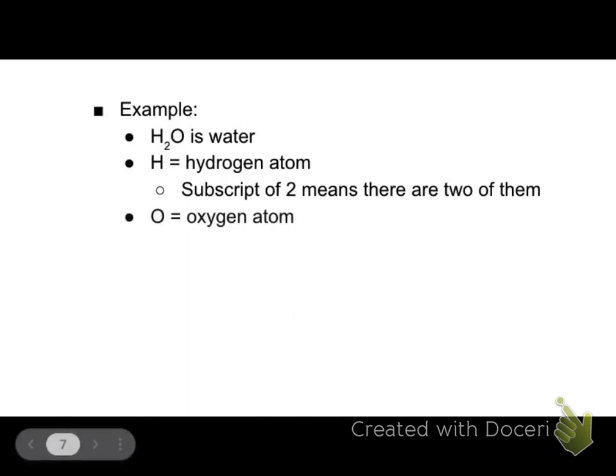And then the O indicates that there's oxygen in it, and the fact that there is no subscript on the O indicates to you that there is only 1 atom of oxygen in this compound. So 1 molecule of water, the smallest unit of water, is 2 hydrogen atoms and 1 oxygen atom.